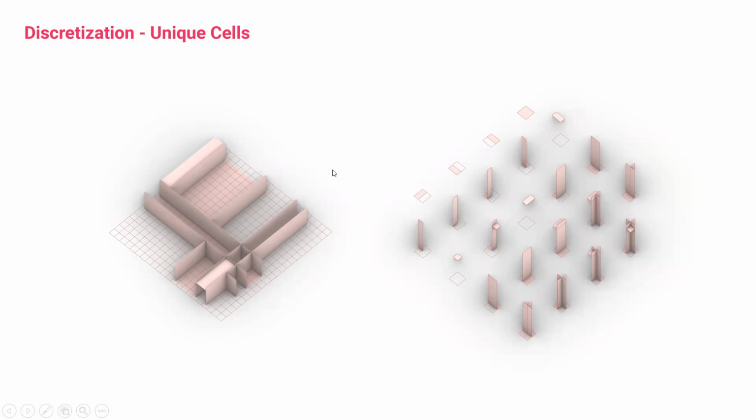For example, for the geometry on the left, the unique cells are on the right, which signifies something. Keep in mind that if we repeat all these unique cells in a certain manner, then this geometry would be arrived at.